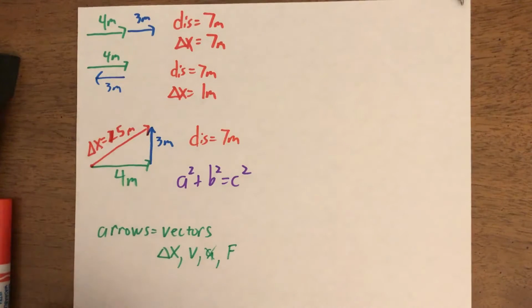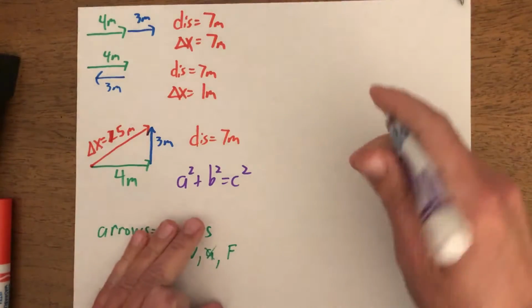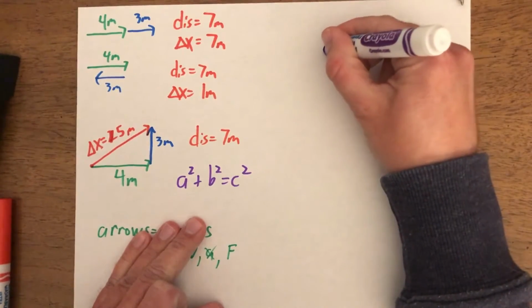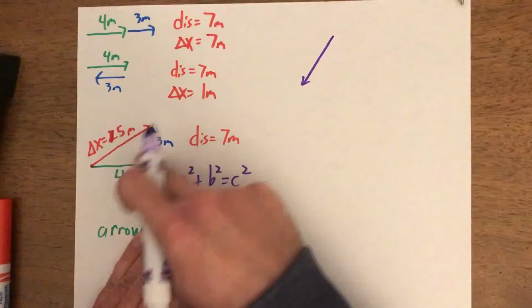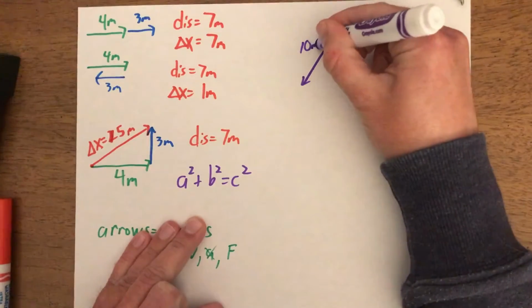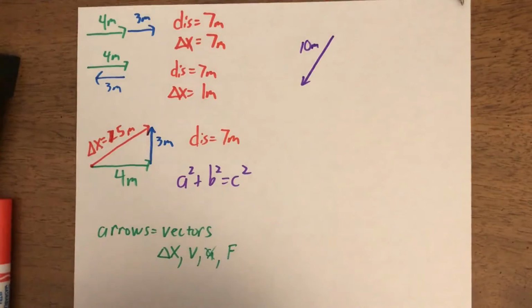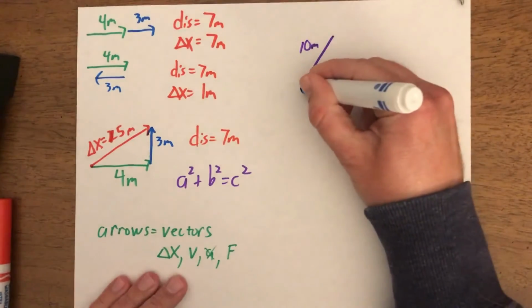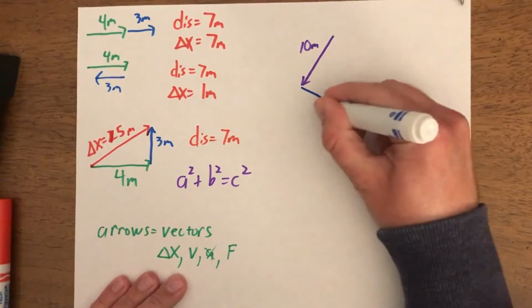So another example: it doesn't have to be nice, east and west and north and south here. You could walk 10 meters this way, whatever that is, and then you could walk, let's say, 10 meters this way.